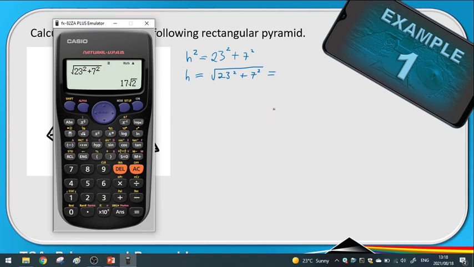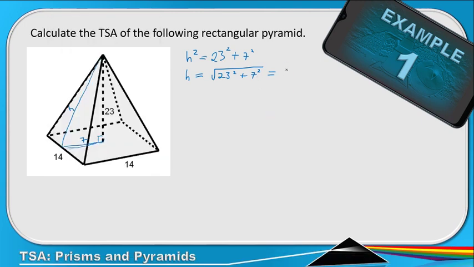So that gives us 17 square root of 2, which we're not going to simplify further or round off or anything.